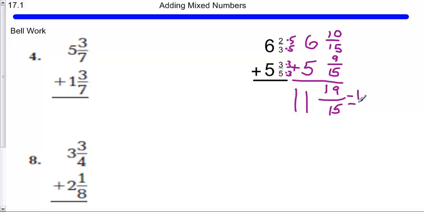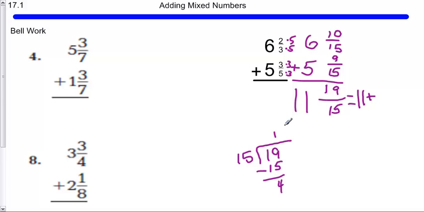So what I need to do is take my whole number and add it to my improper fraction. Now, how do I make an improper fraction a mixed number? That's right, I divide. So 19 divided by 15.